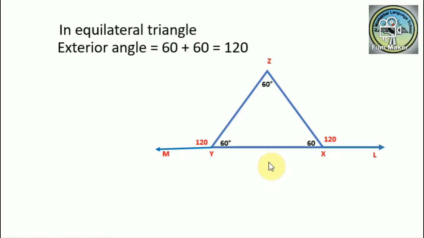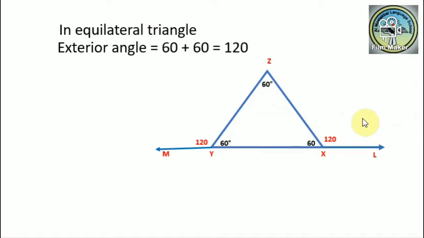So we will divide 180 by 3, so the measure of each interior angle will be 60 degrees. But here he asked me about the exterior angle. If we calculate the exterior angle here, ZXL, we will get it by adding the two non-adjacent angles. 60 plus 60 equals 120 degrees.